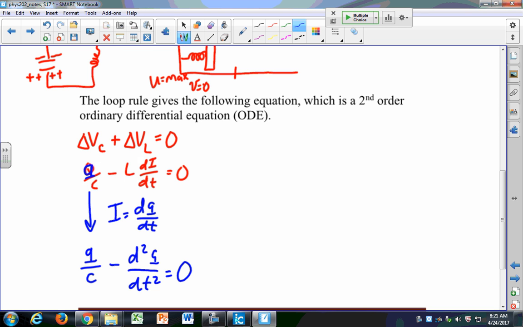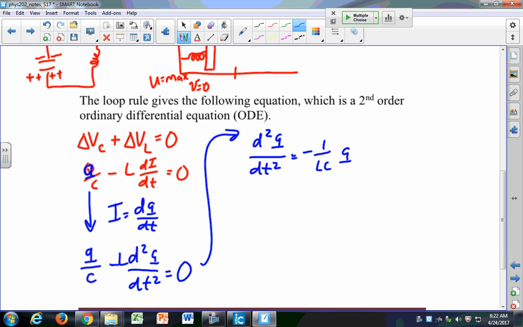And I'm going to go and give you the solution. What's that? Did I drop an L? Oh, yeah. Okay, so now I can rewrite this as d squared q dt squared is equal to minus 1 over LC times q.